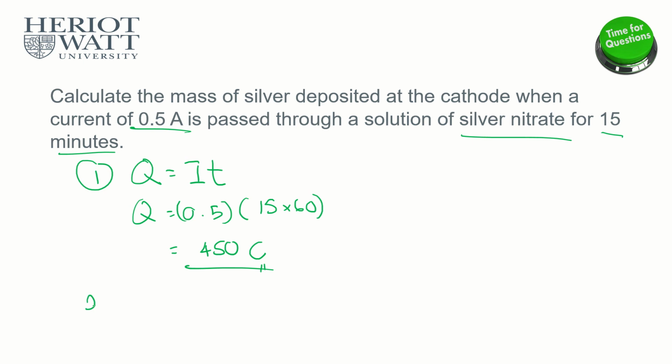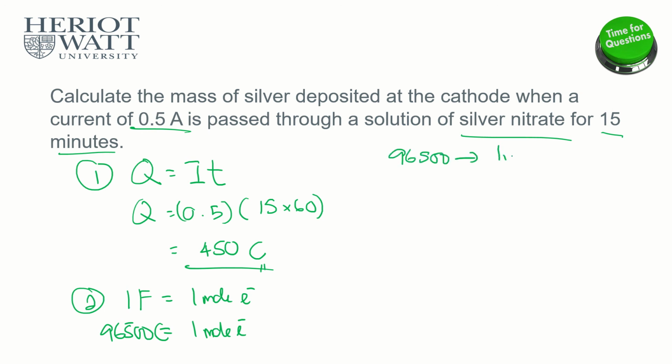All right, step 2. Still remember just now I said 1 Faraday constant equals 1 mole of electrons. And 1 F is actually 96500 Coulombs, equal to 1 mole of electrons. This is a Coulomb charge. See that? Since 96500 is produced by 1 mole of electrons, how many moles of electrons if it is just 450?